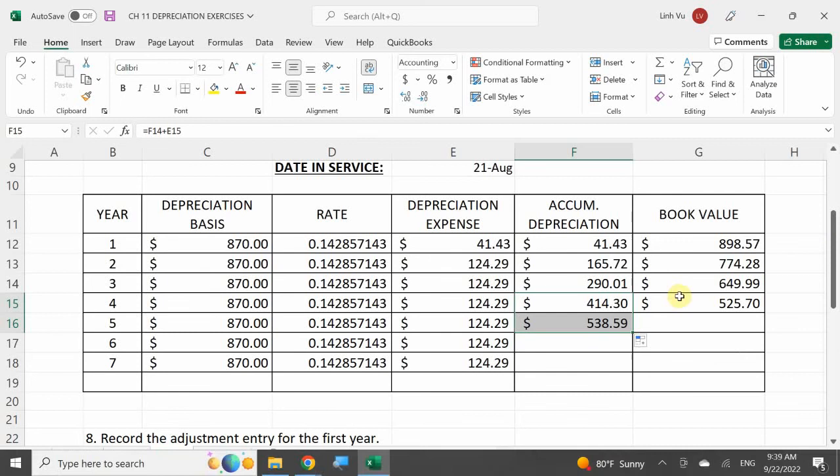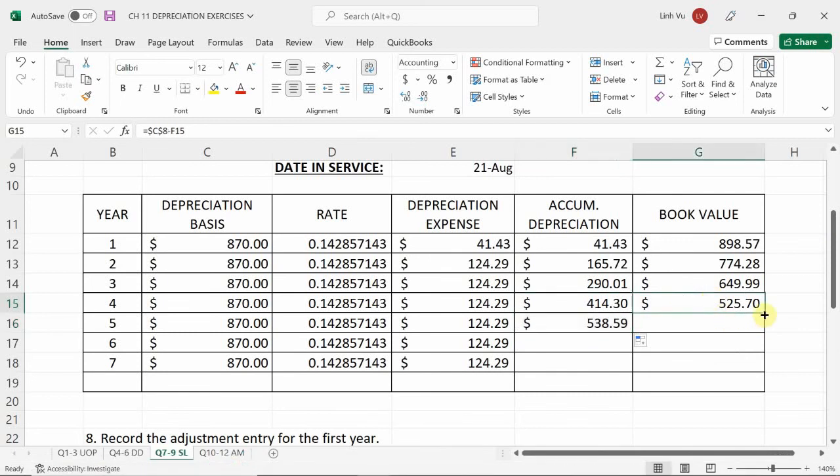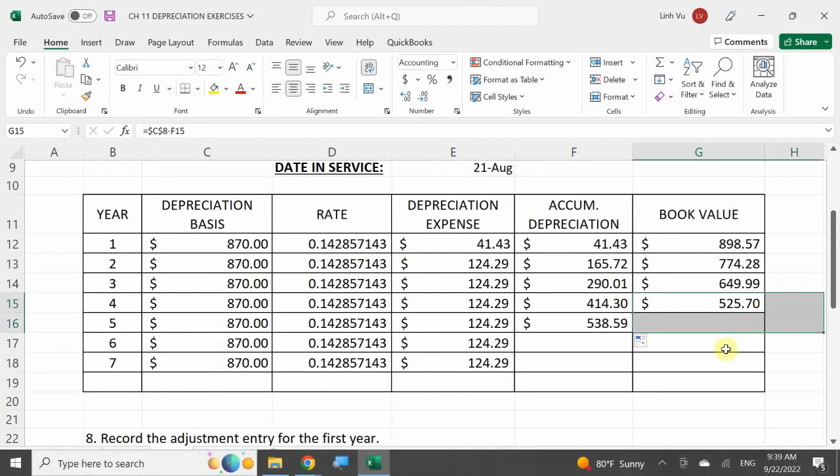Which will give you a book value of $401.41.